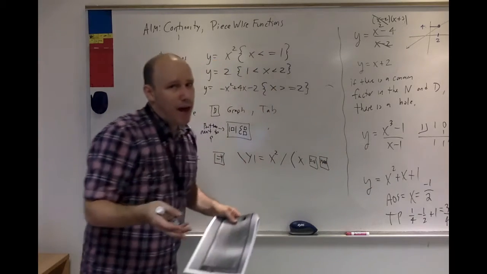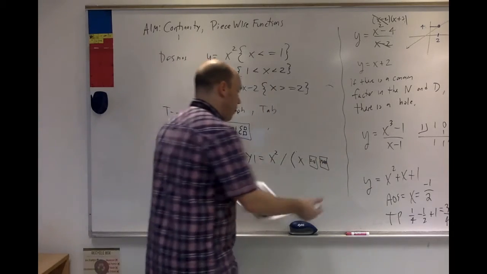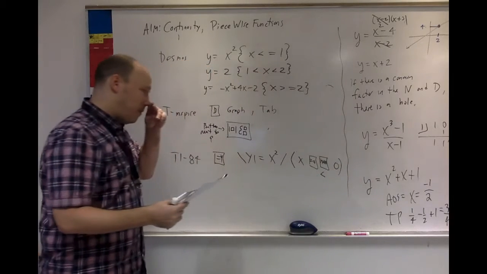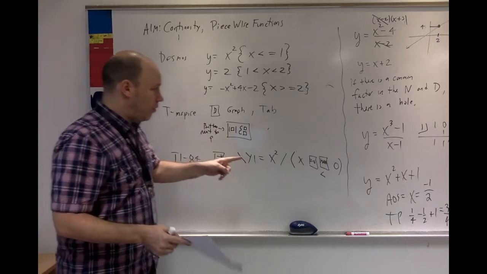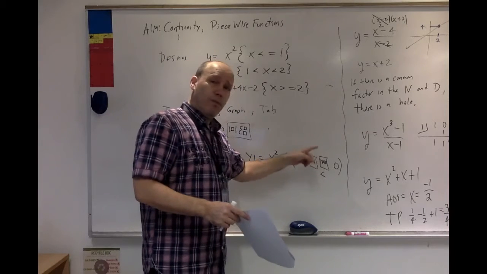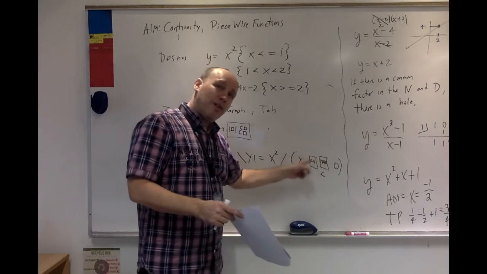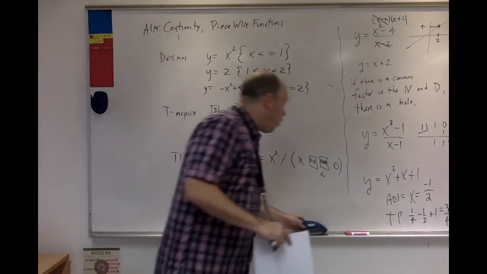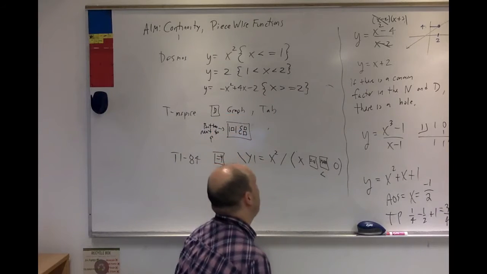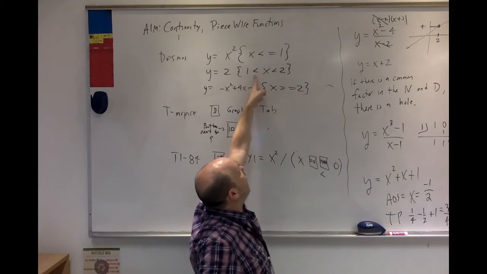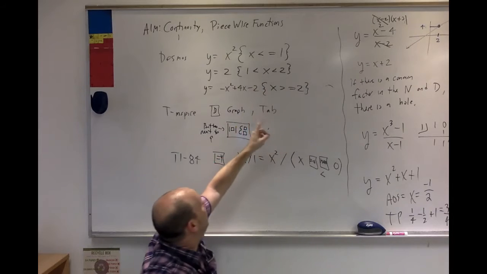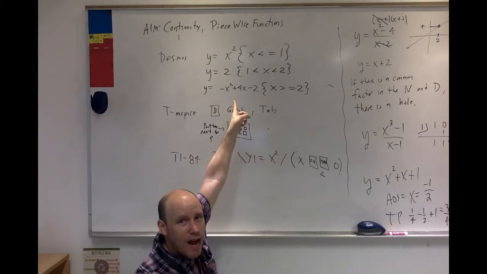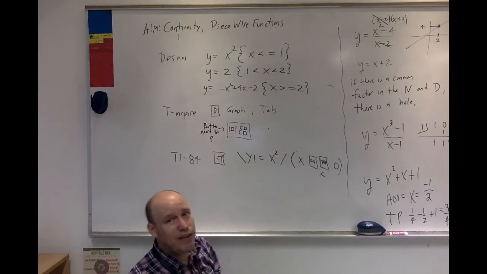And then when you see that, you're going to see the inequality symbols. The math menu has less than, greater than, less than or equal to, greater than or equal to. Here's what I discovered. In Desmos, you can type this in, and in TI-Nspire, you can type that in, but you cannot type that in the TI-84.